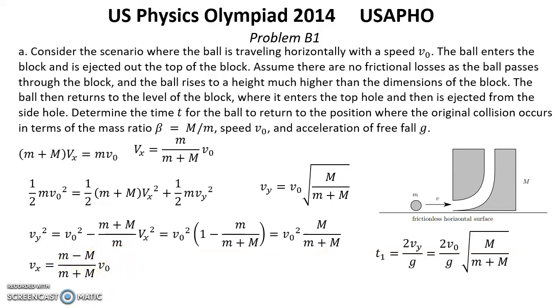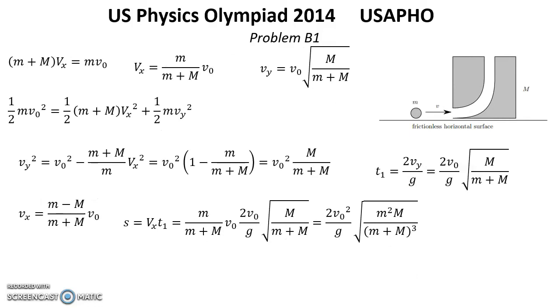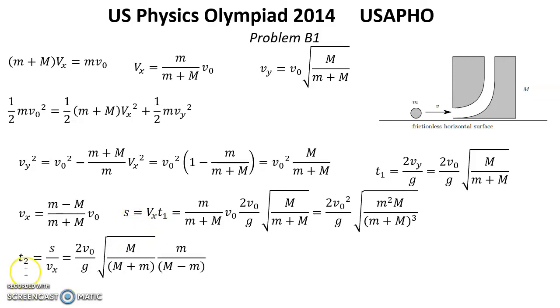So first we can count the distance covered by the block during time t1. This distance s will be Vx multiplied by t1, which is this expression. Now we have to find the time for the ball to cover this distance to reach the initial point. That will be t2 equal s over the ball's horizontal speed, which is this one.